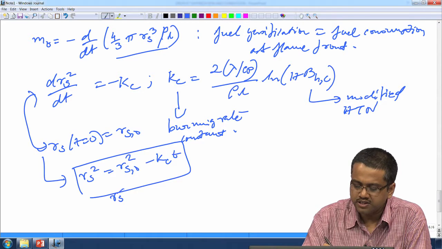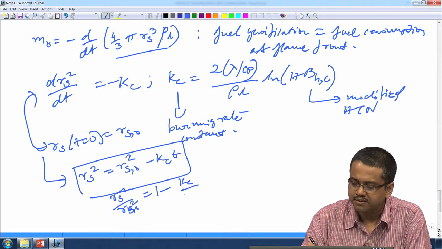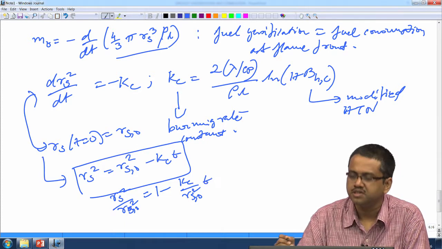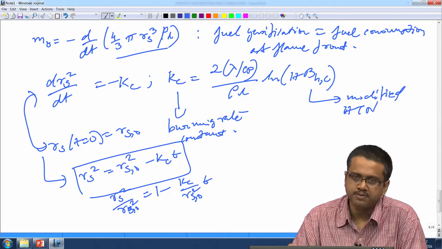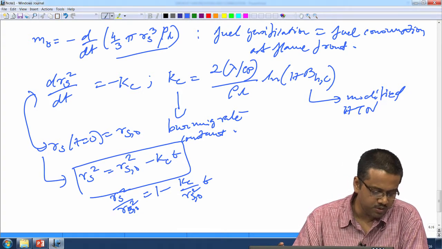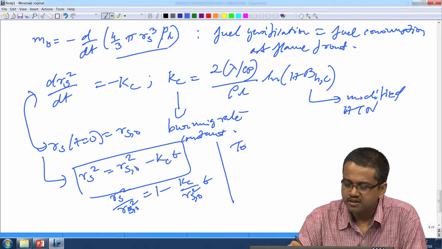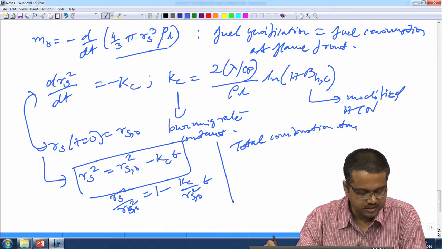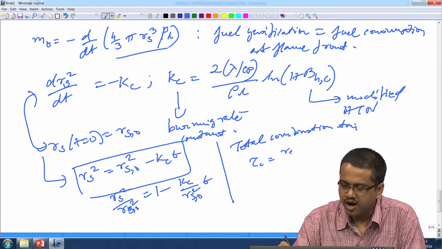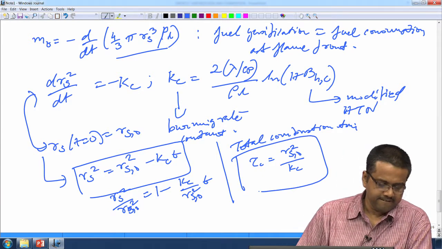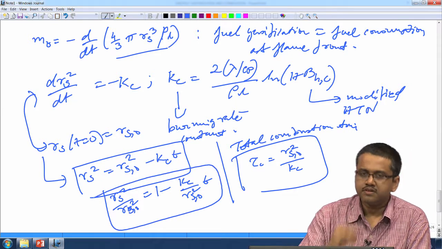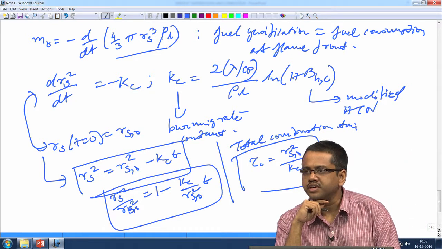So, if you divide by Rs0 square, it will be 1 minus Kc by Rs0 square into t. So, that is the equivalent of the d-square law, except K has been replaced by Kc over here, and the total combustion time is tau c equal to Rs0 square divided by Kc, right.